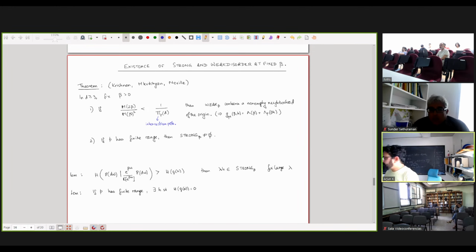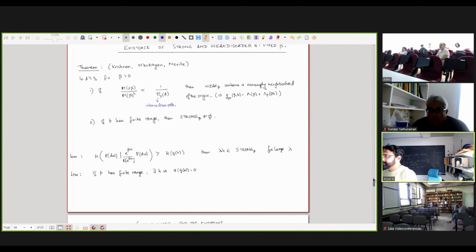And further, and this is what we think is interesting, if this underlying kernel of the random walk has finite range, then strong beta is non-empty as well, meaning there are some fields for which we can see strong disorder. So the second part is again implied by an entropy condition. We like this formulation, which we haven't seen before.